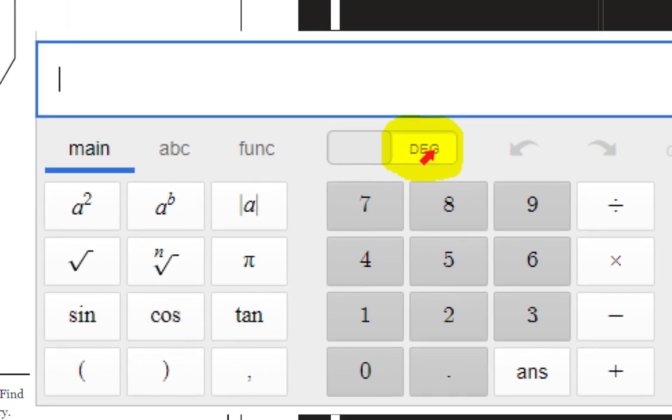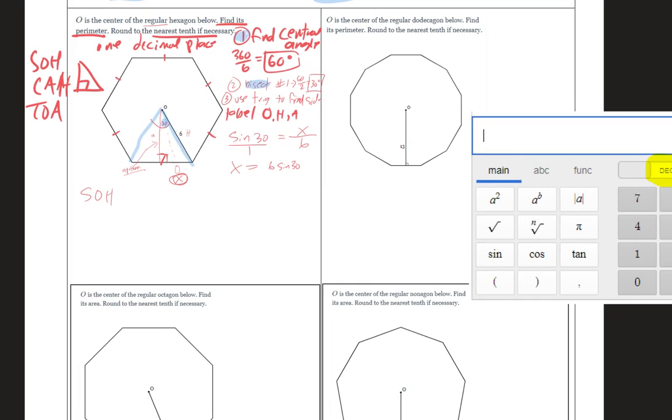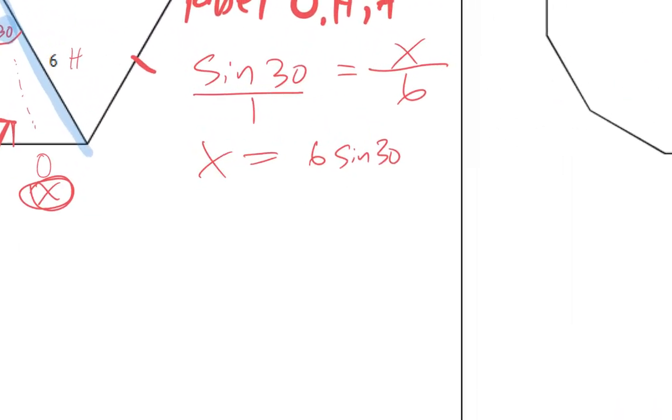If we don't have it in degree mode, we're going to get the wrong answer. So we type in 6 sine 30, and we get x is equal to 3.